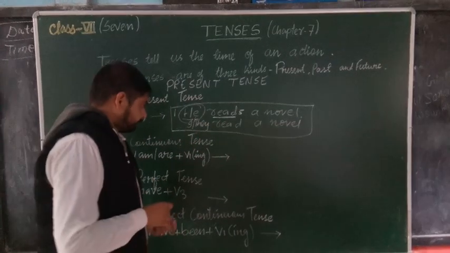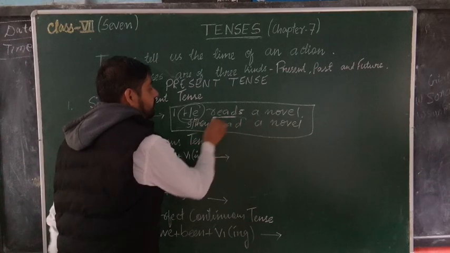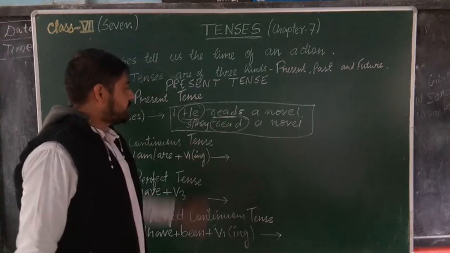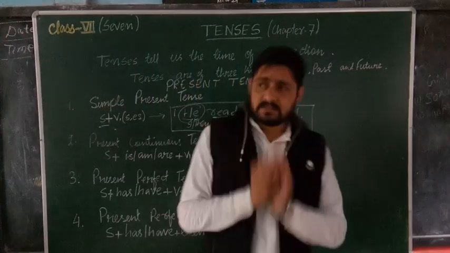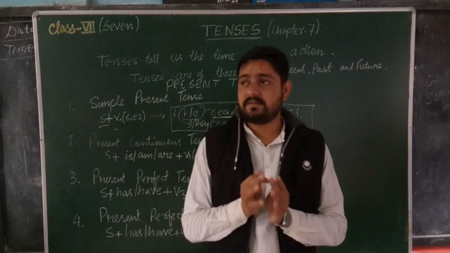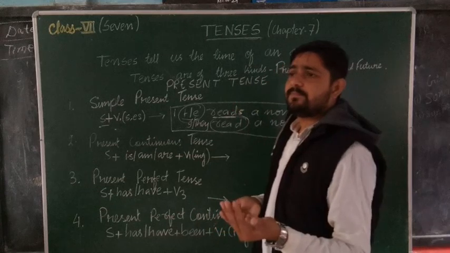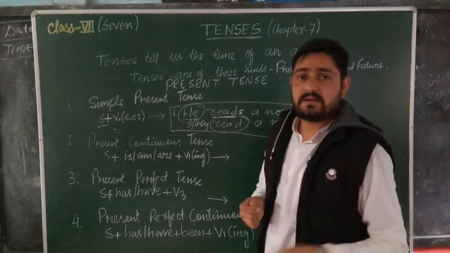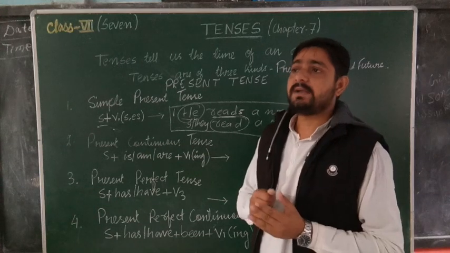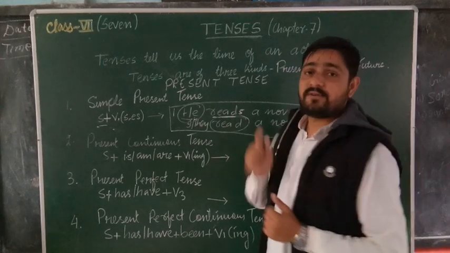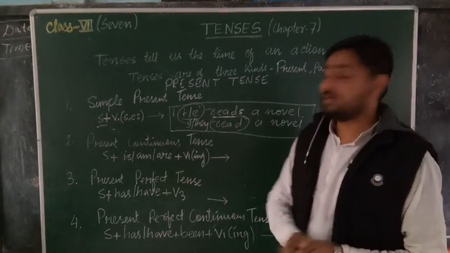If the subject is plural, we will not write s or es. We only write v1. If the subject is I, we, or any other plural, we will not write s or es in the verb.